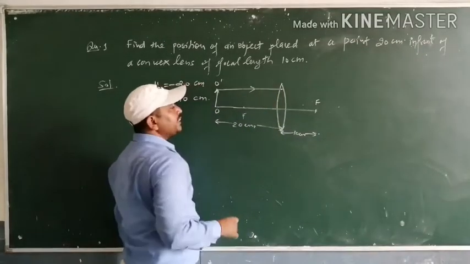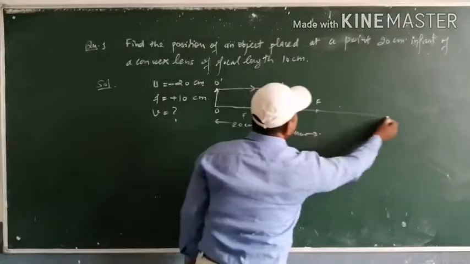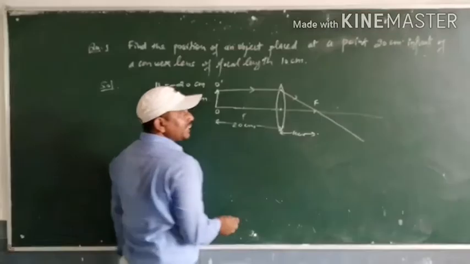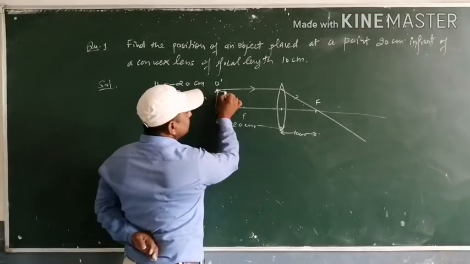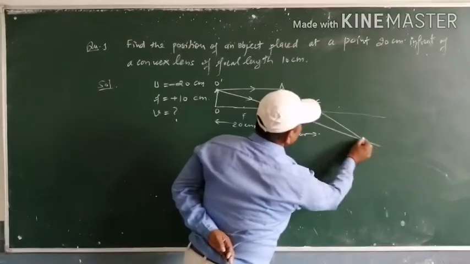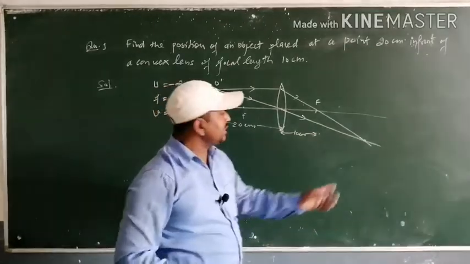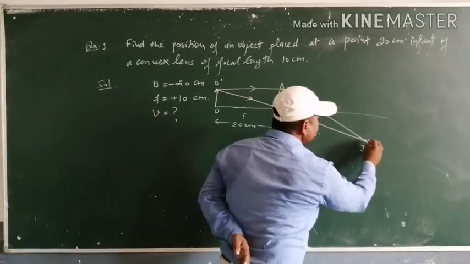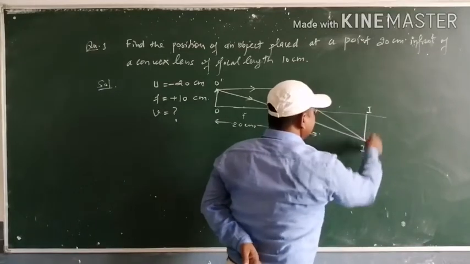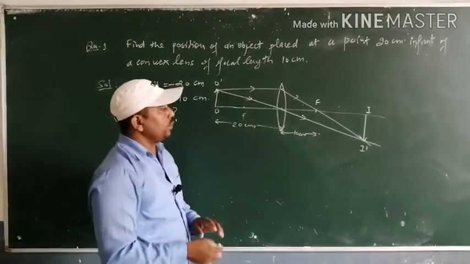If we take a light ray coming parallel to the principal axis, after refraction it must pass through the focus, and the second light ray passing through the optical center goes in a straight line. Both refracted rays intersect each other at a point I dash, and if we join this by a perpendicular line on the principal axis, then I dash gives the image of the object O dash.